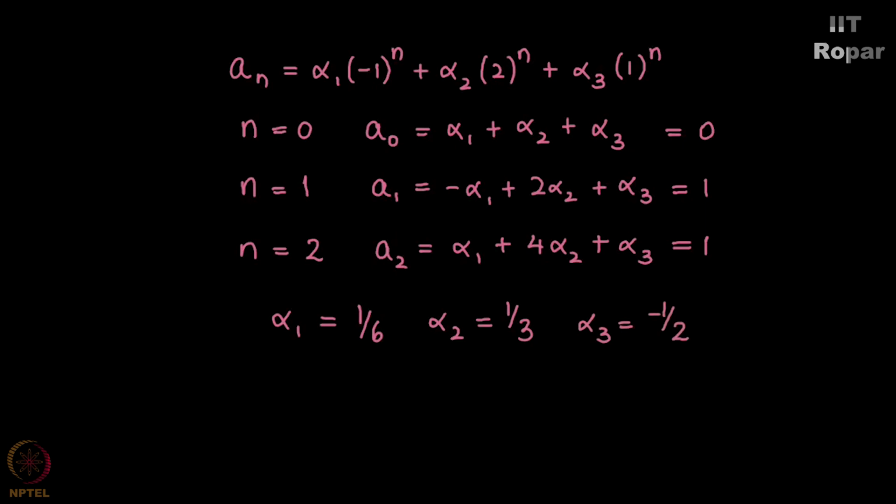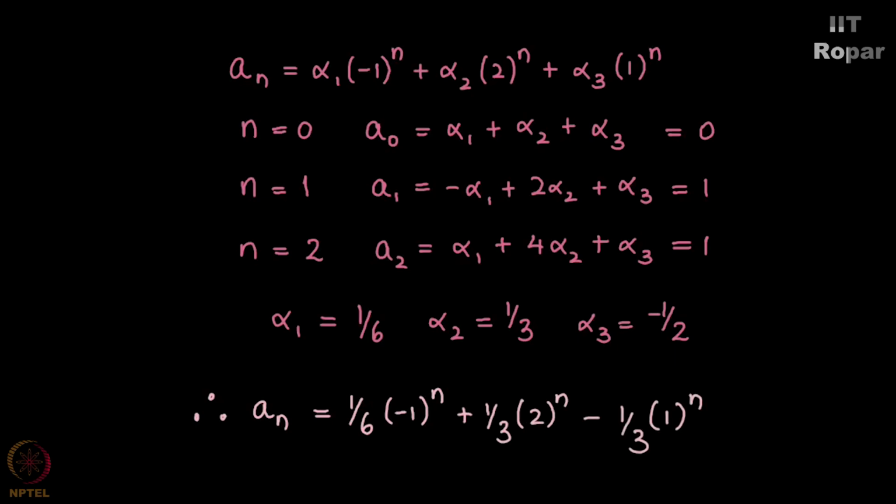Now that I have found alpha 1, alpha 2 and alpha 3, I can substitute in the above solution equation and I obtain a_n as 1 by 6 into minus 1 to the n plus 1 by 3 into 2 to the n minus 1 by 2 into 1 to the n. Right? So, this is the corresponding solution to the recurrence relation.